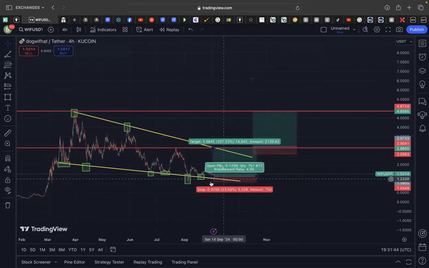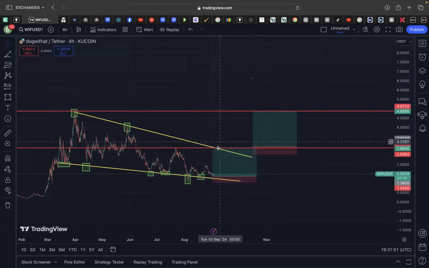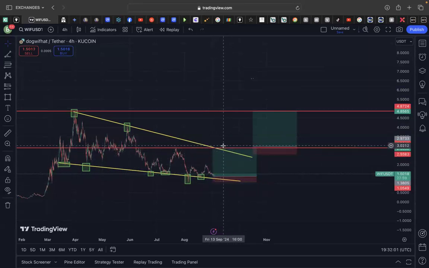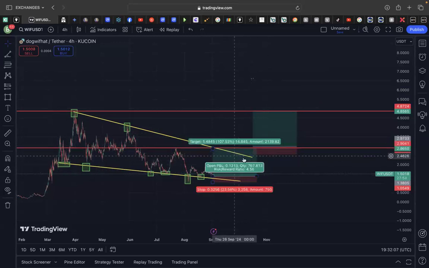It's bounced on a support right here, and we are going for the resistance up here, which is at $3. We've identified our entry, which is now, and our target, which is all the way at the resistance at $2.9.